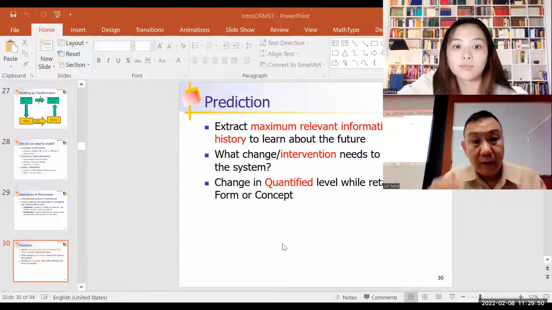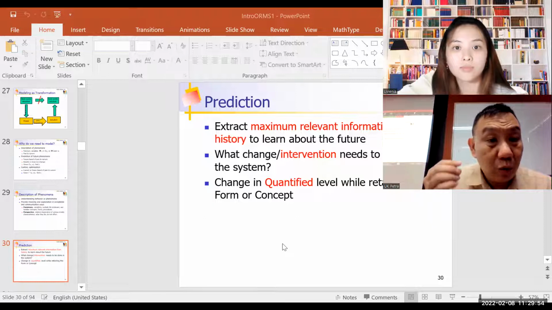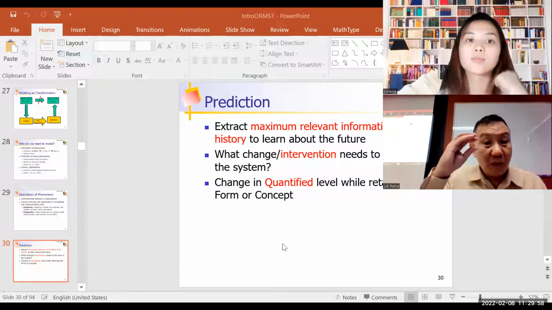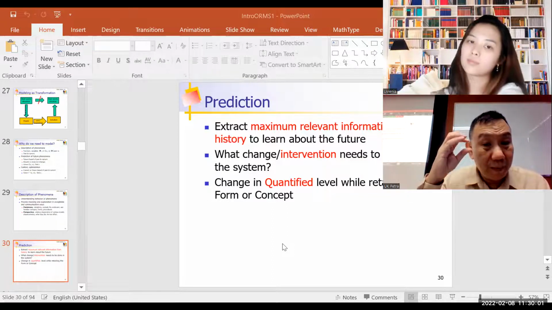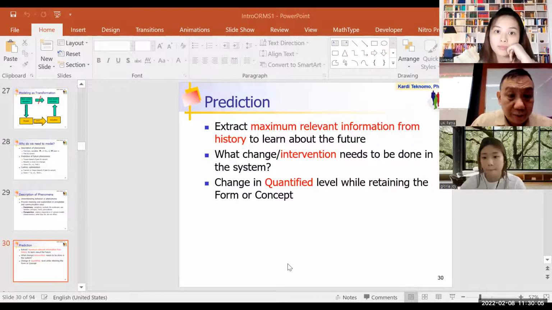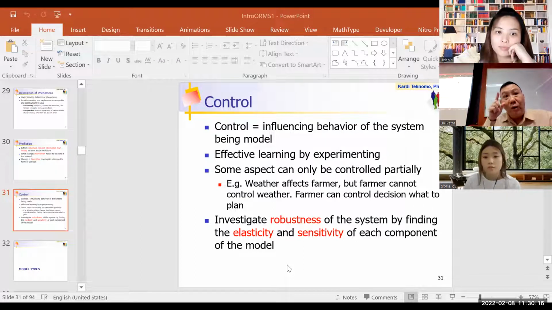If you want to create a real prediction, you need to put it into a quantified level. The form is still the same, the concept is still the same, but you need to put it into a quantified level. Now the third one is control, the optimization.